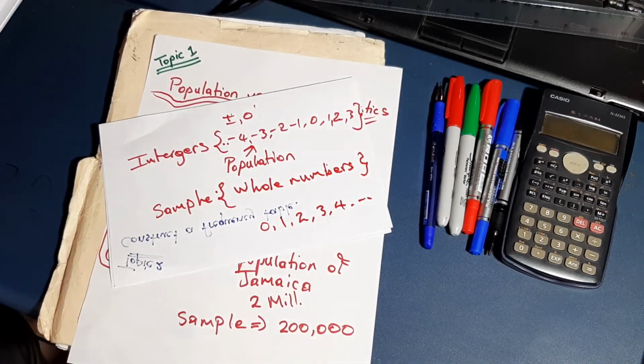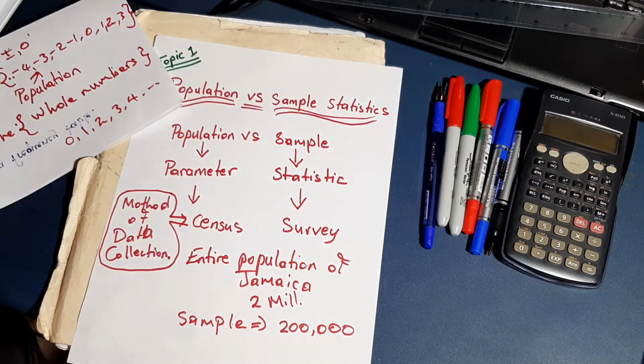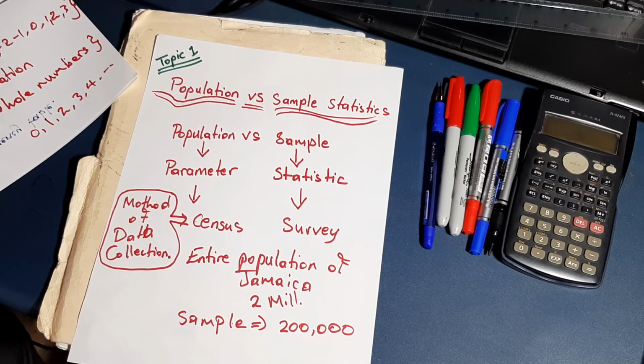So I'm just giving you some examples on population and sample statistics. Hopefully you understand this concept. Remember, population refers to all the items we are interested in studying. A sample is a subset or a part of the population.